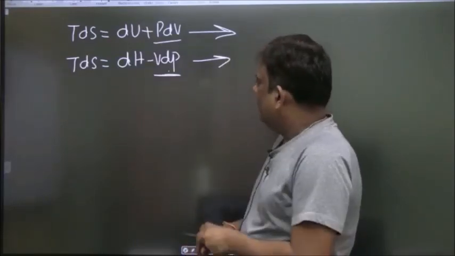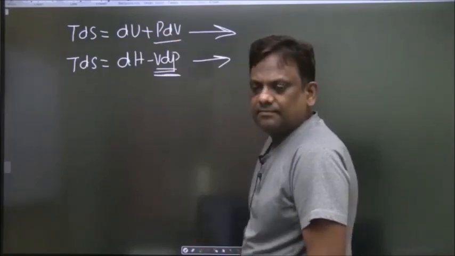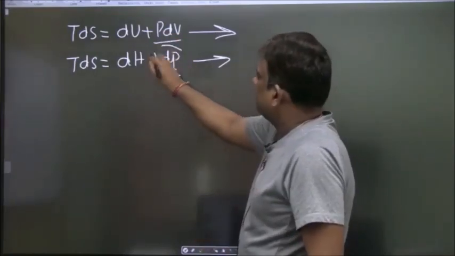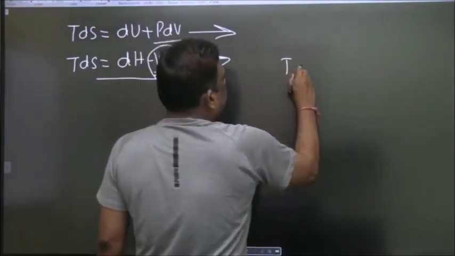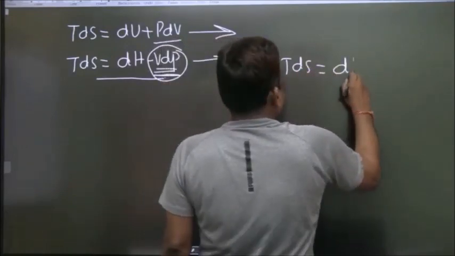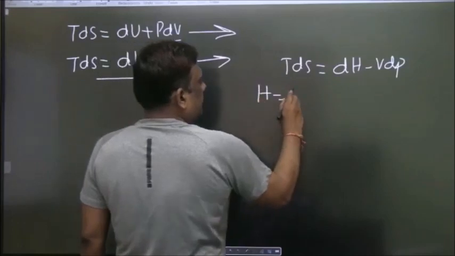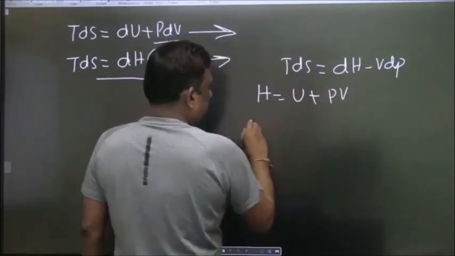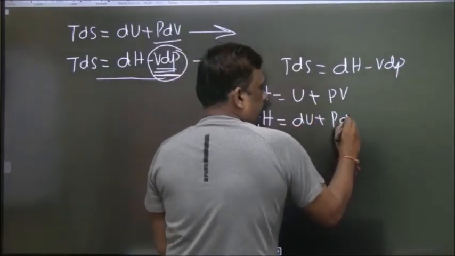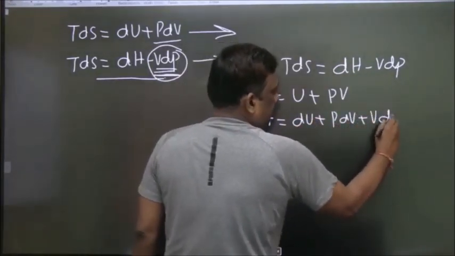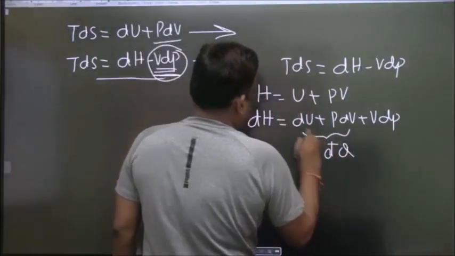Ab dekho, from this equation, I can bring this. From the second equation, I can bring the first. TdS is equal to dH minus VdP. Now enthalpy is equal to U plus PV, so dH is equal to dU plus PdV plus VdP. And you know very well, dU plus PdV is d'Q.